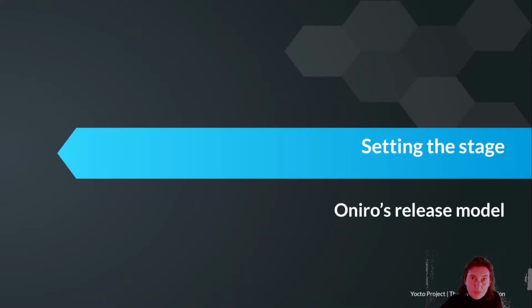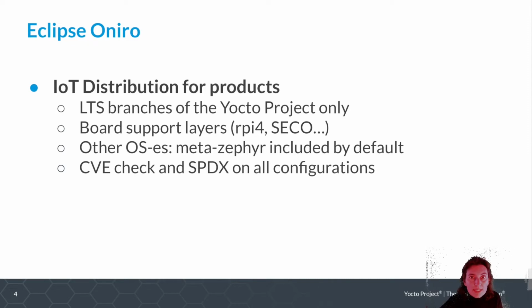Now, let's talk a little bit about some details and specific parts of the Oniro project, because I'm going to use Oniro last year as an example. So, what is Eclipse Oniro?